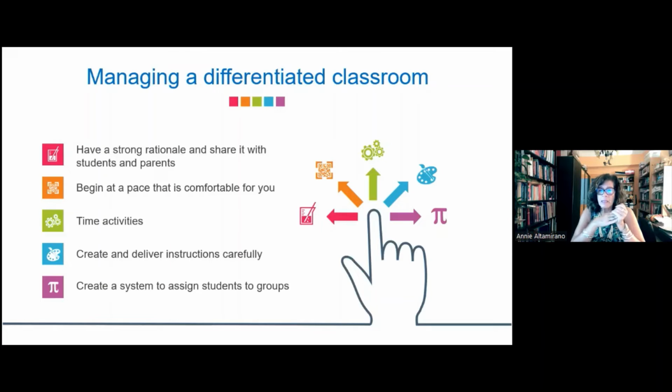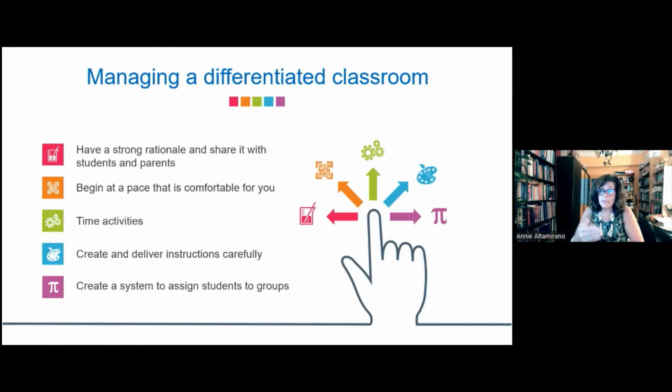Also, begin at a pace that is comfortable for you. I'm sure that many of you are already making frequent adjustments to the curriculum and to instruction to allow for learner differences in the classroom. And maybe with a few additional touches, you will be ready to gradually move ahead to full differentiation.